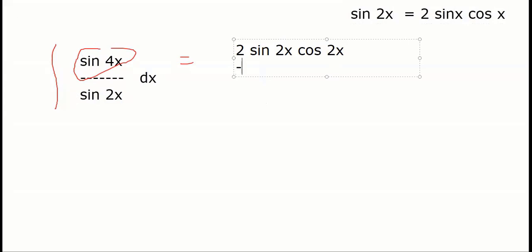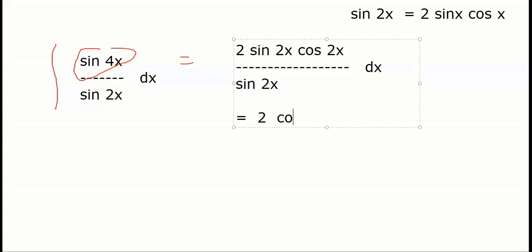The denominator part, don't touch it, because we have sin 2x in the numerator, so it will cancel out. Your question becomes this now: 2 cos 2x dx. That is your question now.